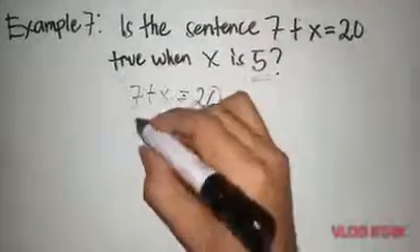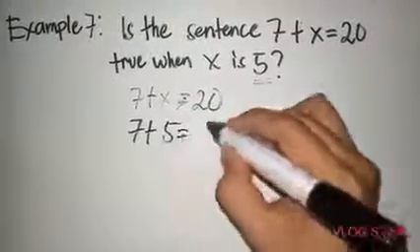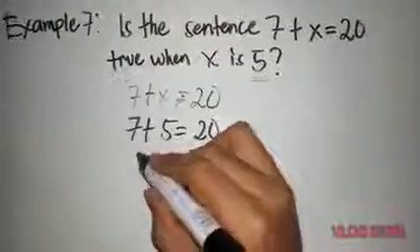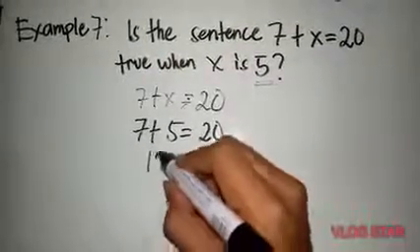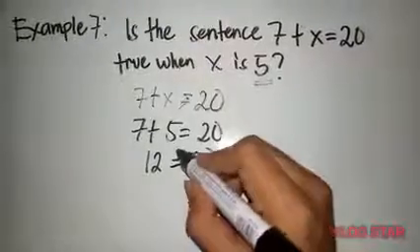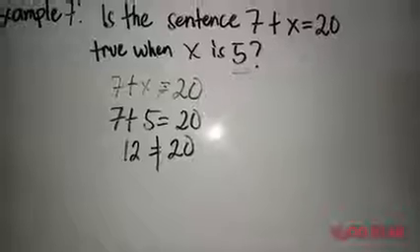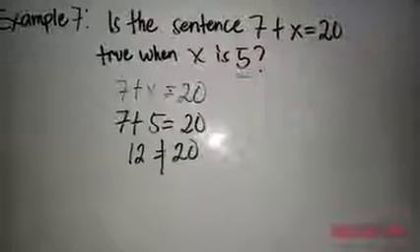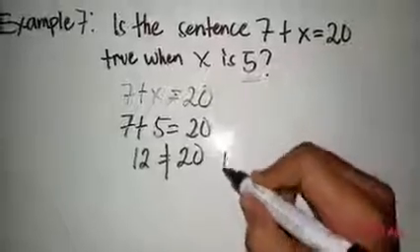So 7 plus 5 is equal to 20. 7 plus 5 is 12, which is not equal to 20. It means that the sentence 7 plus x is equal to 20 is not true.